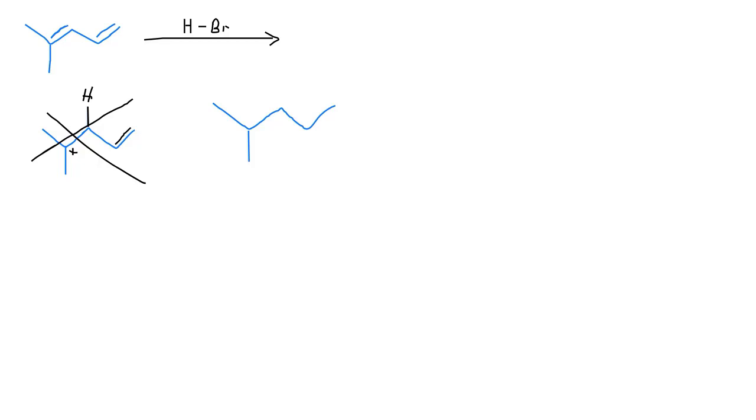So it can add to this position, and if it does, it'll give you this carbocation, which is secondary. Not too bad. It can also add to this position, which will give you a carbocation here, which is secondary.